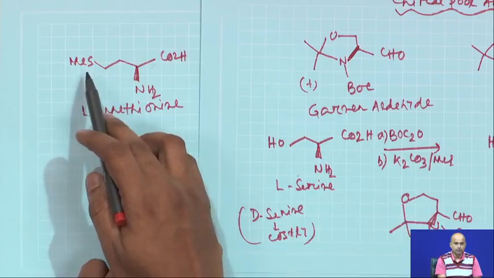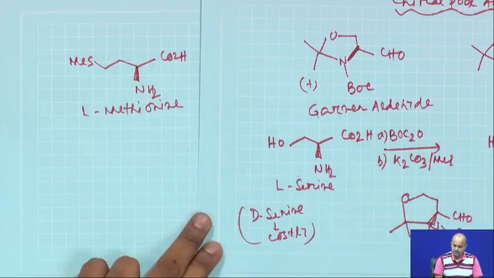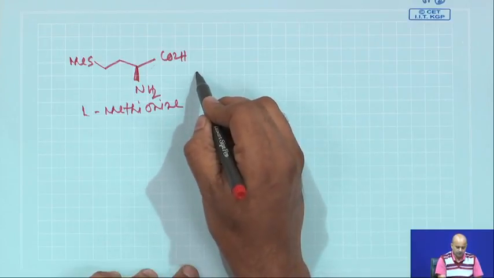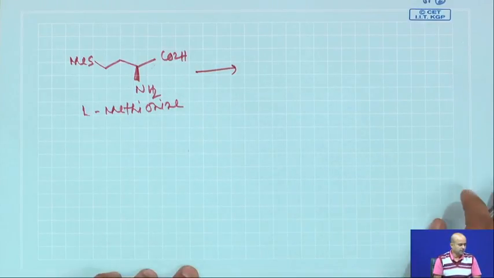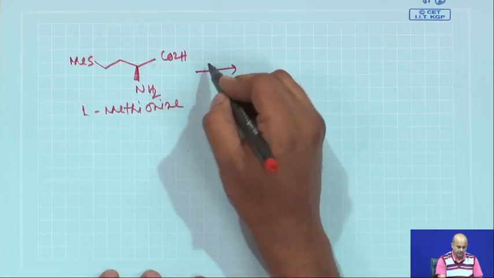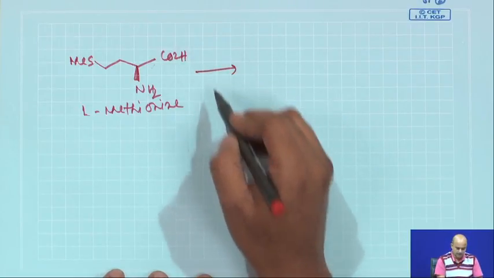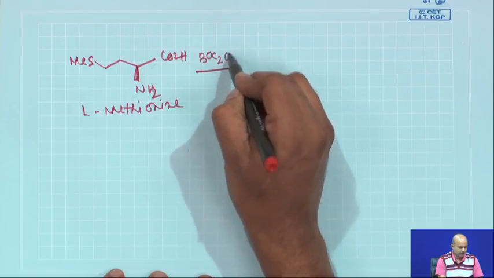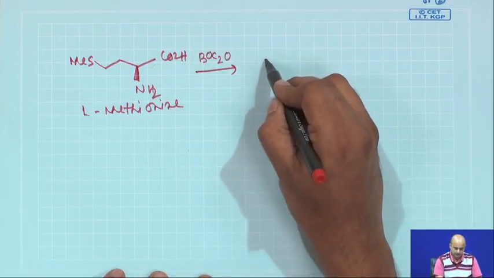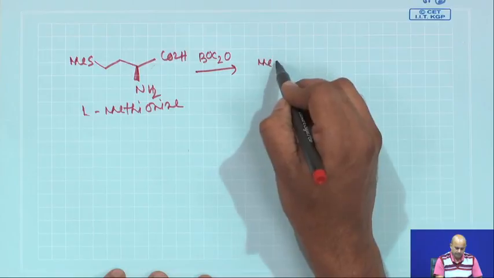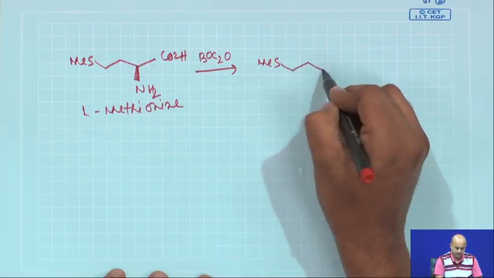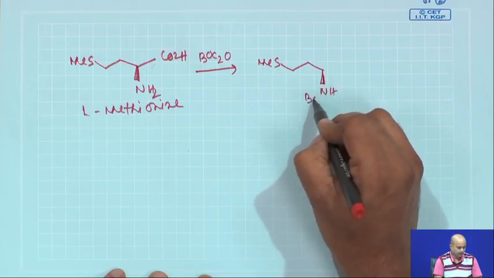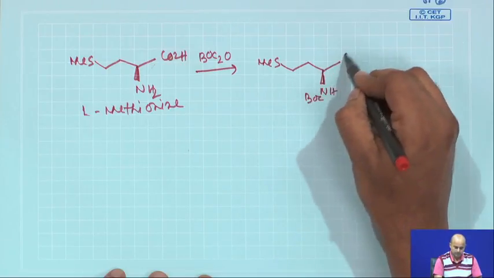Now, why this SMe group is required, I will discuss. First, with L-methionine, you do a similar kind of reaction. First you protect with Boc anhydride, so you get your NHBoc and your CO2H.